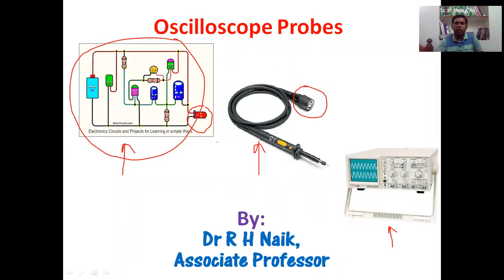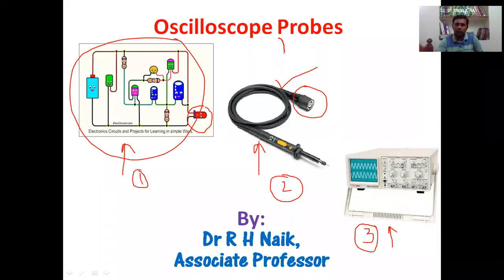Now how to connect the circuit output with your CRO? We have three different devices here: first the electronic circuit, second the probe, third the CRO. To connect the circuit output with the CRO, we need a probe.